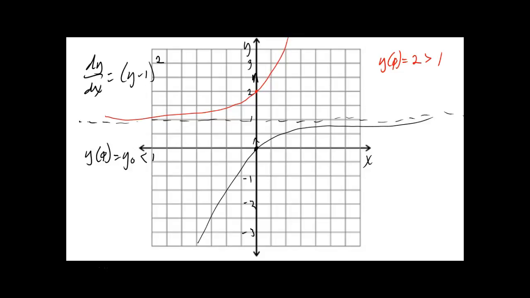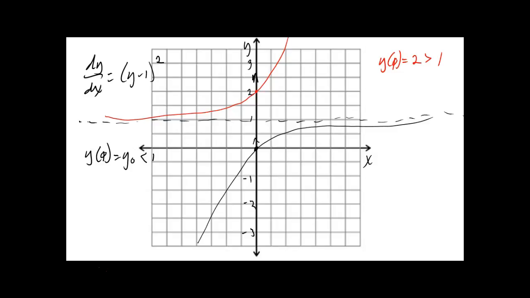Both of those can't be true. y at 0 can't be two different values. If it's equal to 1, it's a constant function. It's not ever going to change. If it's less than 1, it's going to be going like that. If it's greater than 1, it's going like that. And you know the intersection. You don't know the shape of it. This could be a very slowly increasing function, or it could be shooting up there.